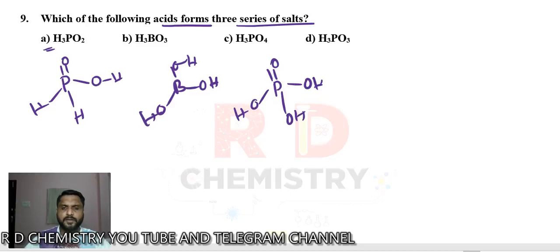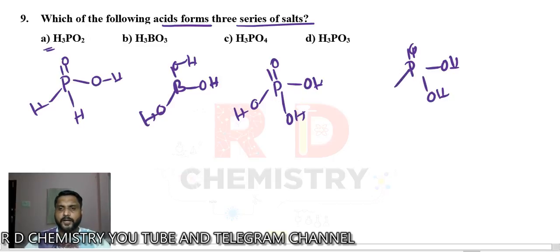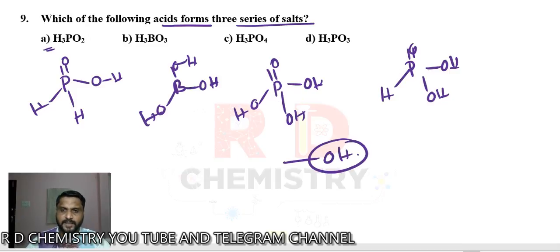Then we have H3PO3, P double bond O, OH, and then we have hydrogen here. Now, there should be three hydrogens, like this OH. If there are three OH groups, the H plus can easily be replaced by the sodium ion. So it can form a series of salts.